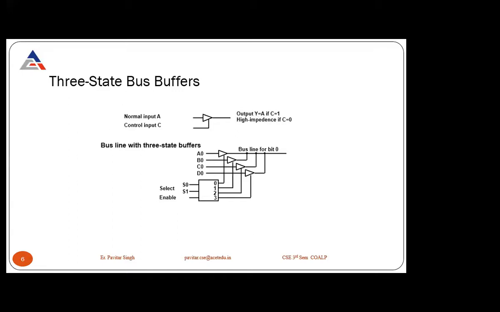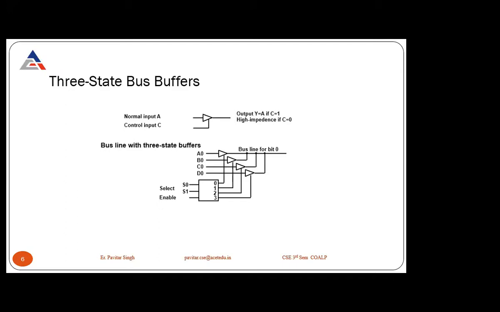So this is your 3-state bus buffer. This is your simple input A and this is your control input C, right? And you will get the output Y equal to A if C is equal to 1.